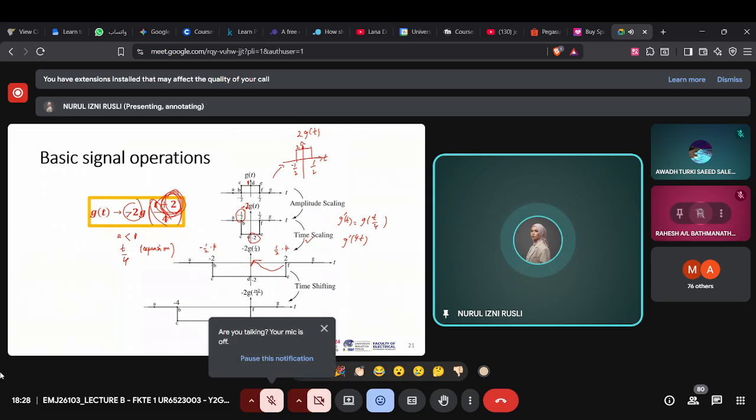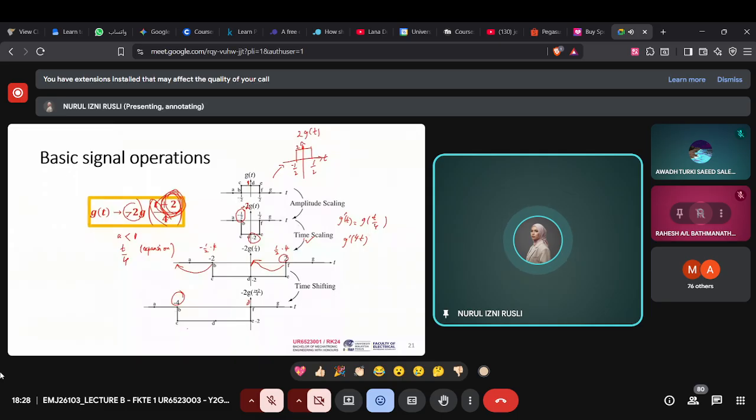So this one move by 2, that's why you got minus 4. 2, you move by 2, so you got 0. So now this is your final signal. So you have a rectangular signal having amplitude scaling and reversal, as well as expansion and also shifting.